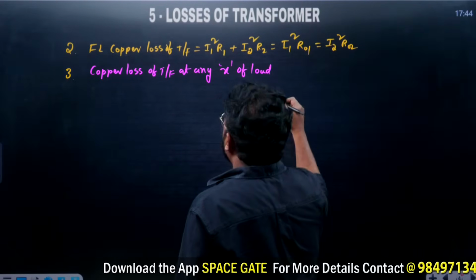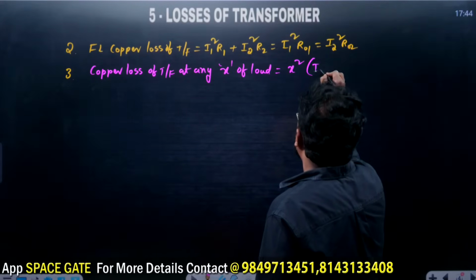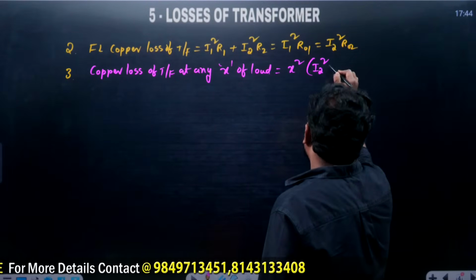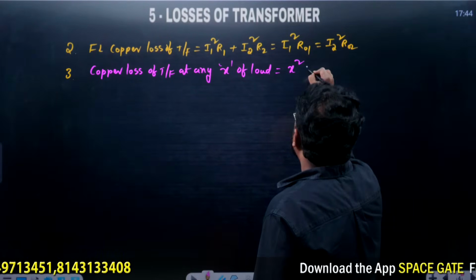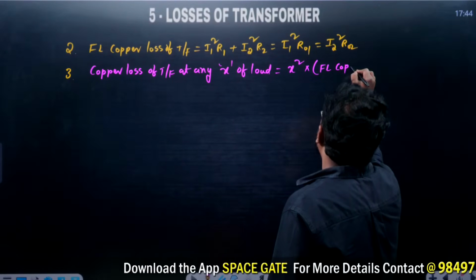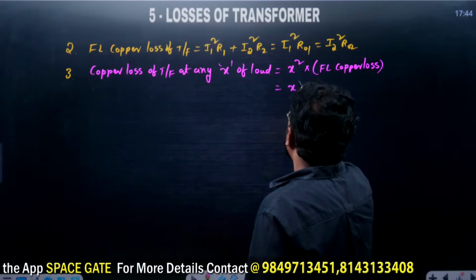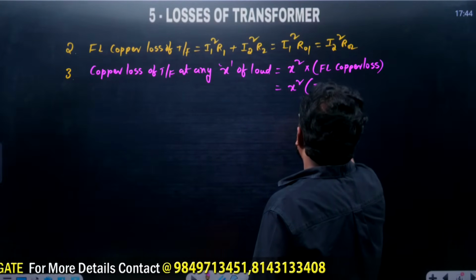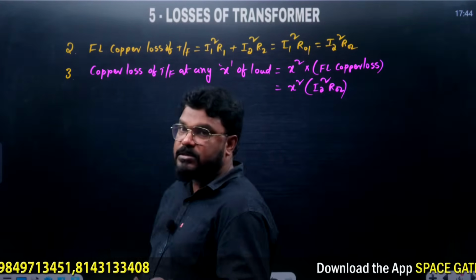So copper loss at x of load is equal to x square into I2 square R02, that is x square into full load copper losses of the transformer. So this is the copper losses at any x of the load.